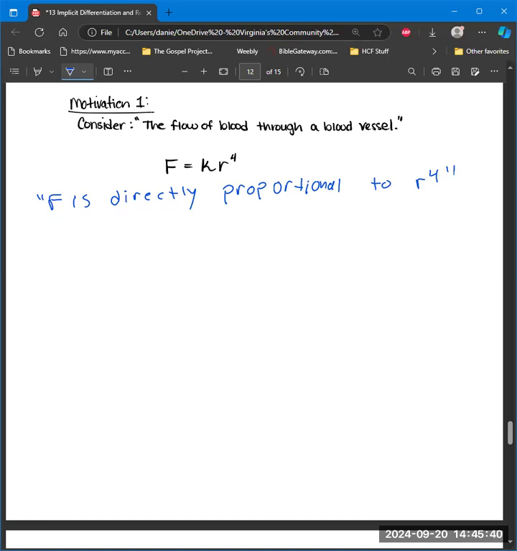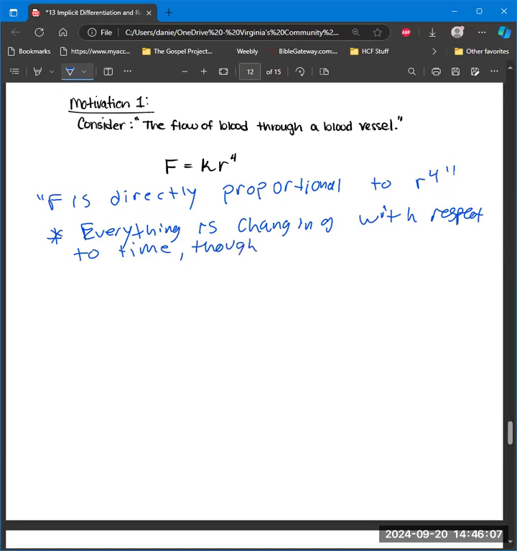So everything is changing over time. So that's the big idea here, is that everything is changing with respect to time, though we don't see t as an explicit variable.